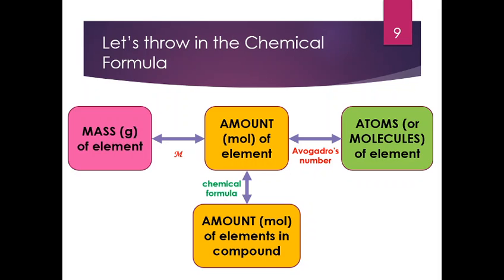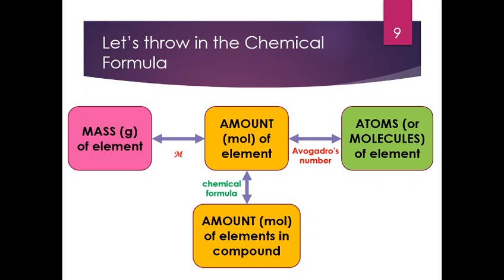Here again, I'm showing you the same thing I showed you before. If you want to go from mass to moles, you're going to use molar mass, which is given in grams per mole. If you want to go from moles to things, atoms, molecules, electrons, protons, whatever, you're going to use Avogadro's number, or 6.022 times 10 to the 23 things per mole.